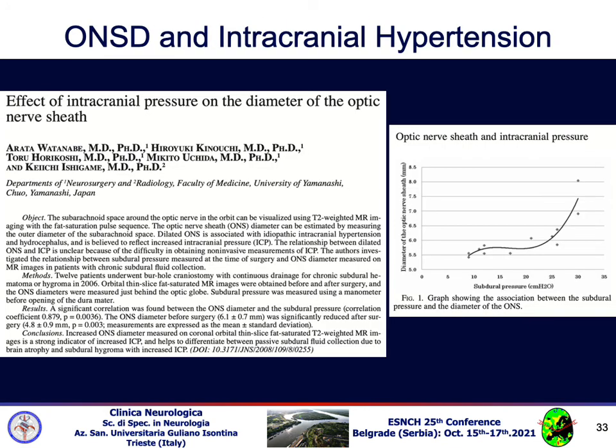In this paper, the authors investigated the relationship between the subdural pressure and the ONSD diameter, and in this figure we see the increase of the diameter as pressure increases.